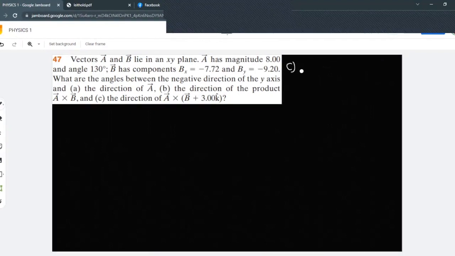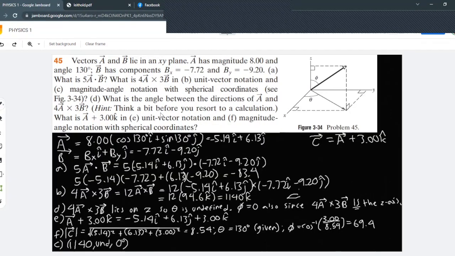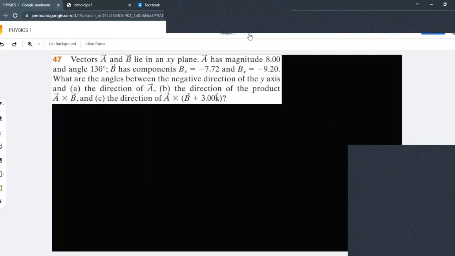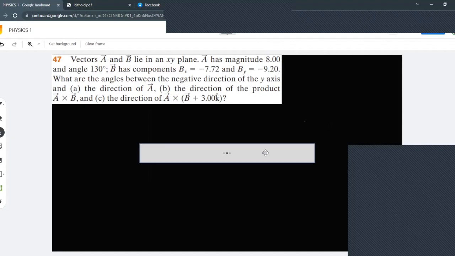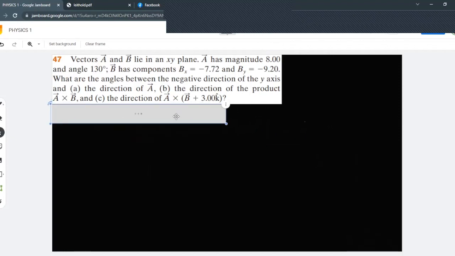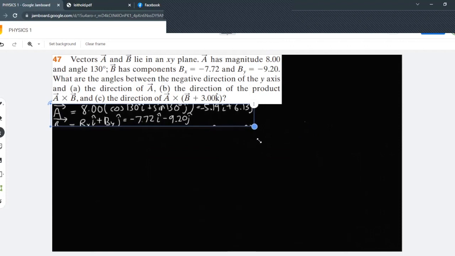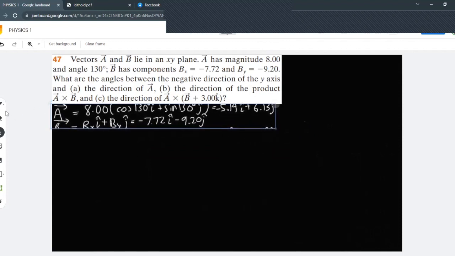What's vector A in component form? Yung kanina po. 47. We're looking at 47, di ba? Opo. Yes. So write it down. Tapos Bx is negative 7.72 and negative 9.20J.